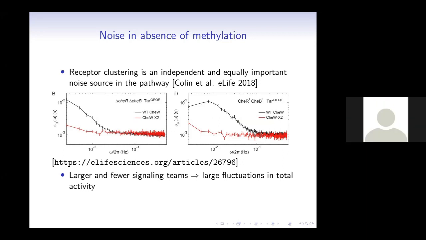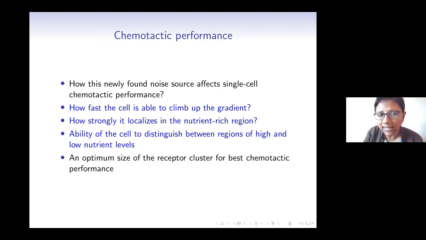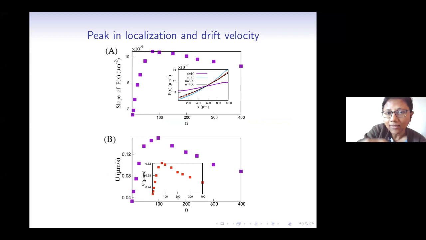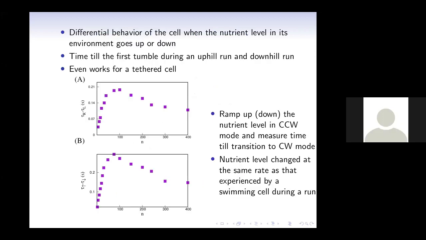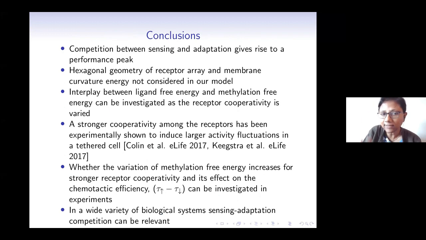When the receptors make large clusters, then they also put some curvature energy on the membrane. So that we have not taken into account. So we don't think that the quantitative position of the peak can be verified in experiment directly. However, the main effect that we are describing, and I wanted to emphasize this point, this competition between sensing and adaptation, is much more basic than that.